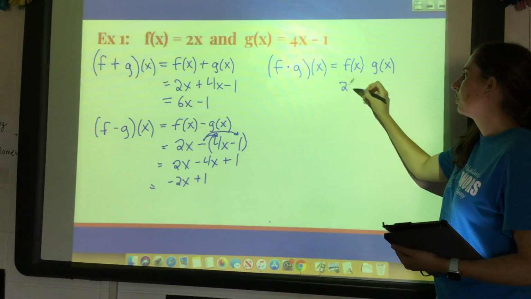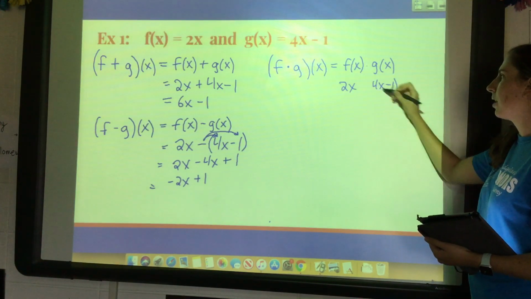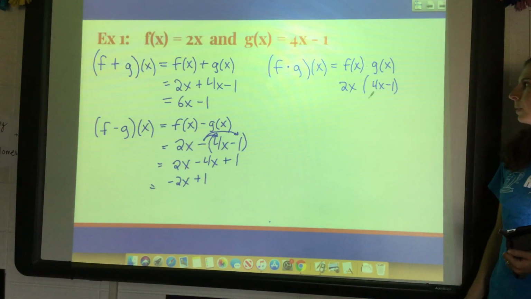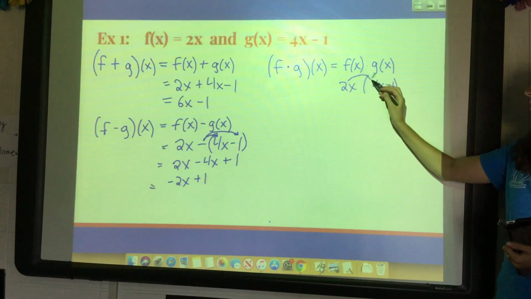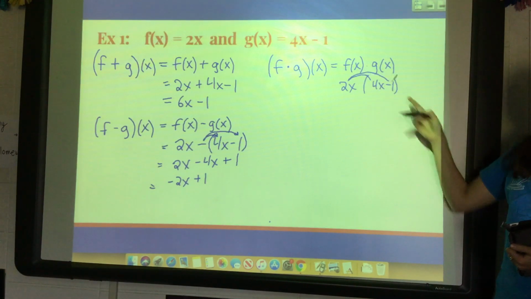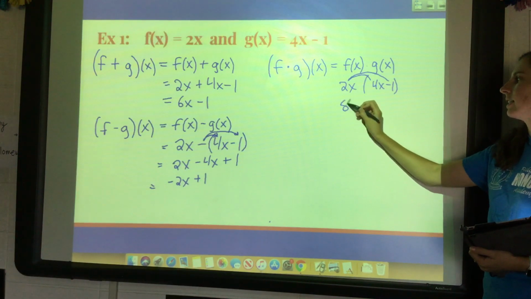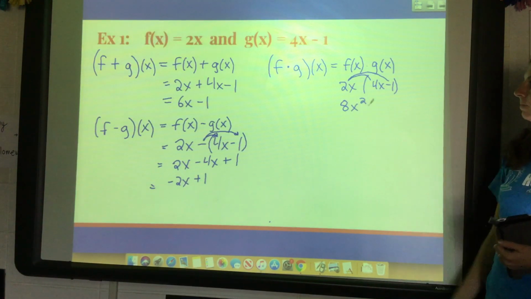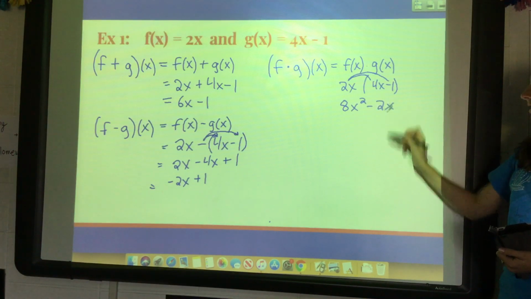F of x is 2x, g of x is this, and I'm multiplying them. So since there's two terms in here, I'll need to distribute the 2x to both of those terms. 2x times 4x is 8x squared. 2x times -1 is -2x.